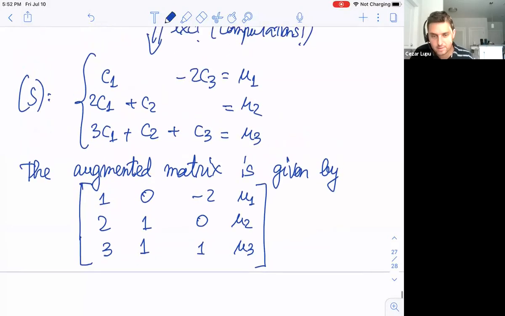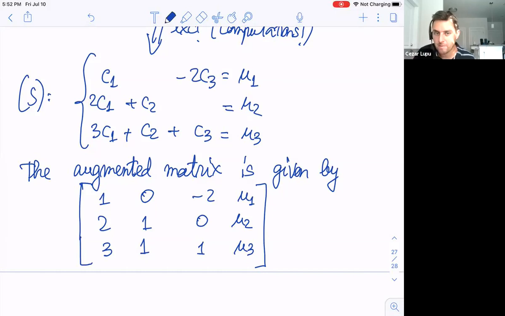Multiply by C1. Wait, I don't understand.